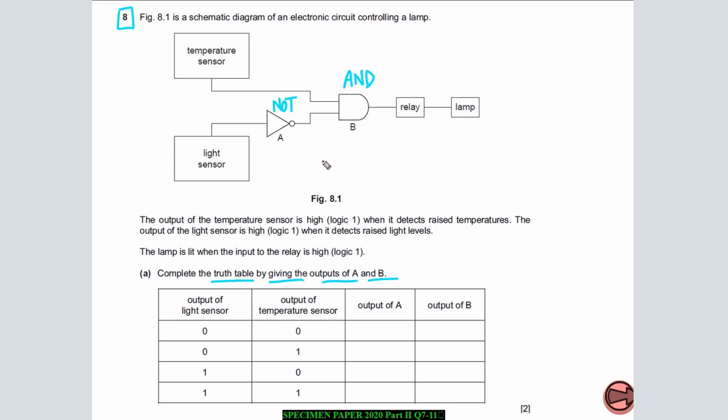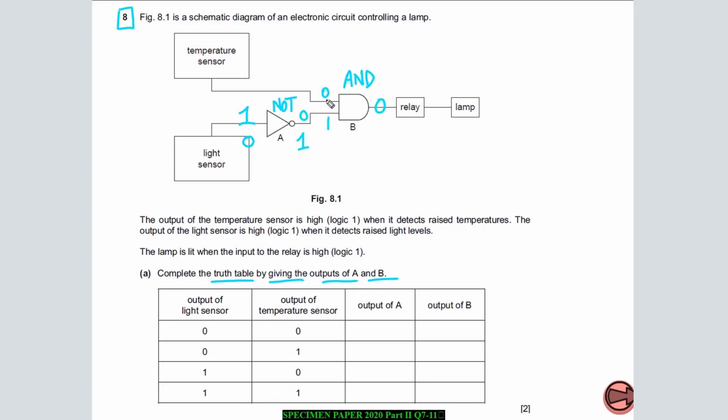So let me explain a little bit about the NOT gate. For example, if the input of NOT gate is 1, its output will be 0. If its input is 0, output will be 1. And for AND gate, if one input is 0 and another input is 1, output will be 0.